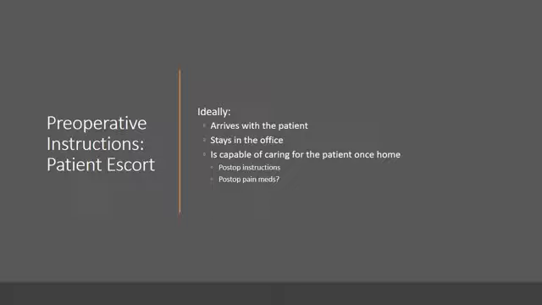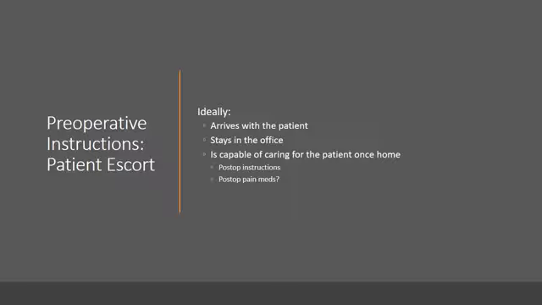So ideally, you want to make sure that the patient escort arrives with the patient. You want to verify that the patient escort is there in your office and stays in the office. We've had episodes where mom and dad drop the kid off and then they just kind of sneak out of the office and then nobody seems to know where mom and dad are. And so that's really kind of an issue.